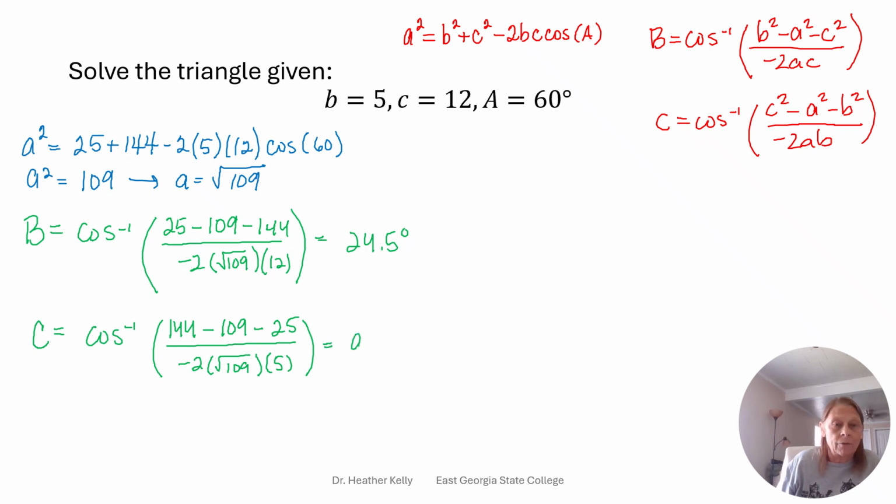And we get 95.5. All right, looks like we got everything there. There's our a, our angle B, and our angle C.